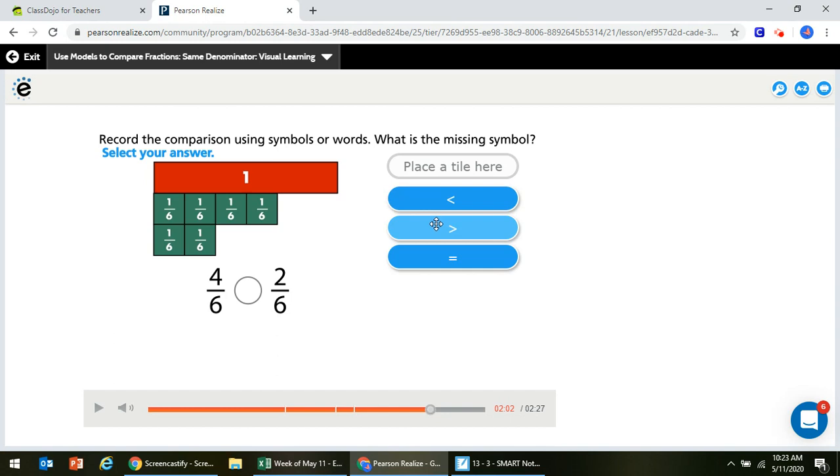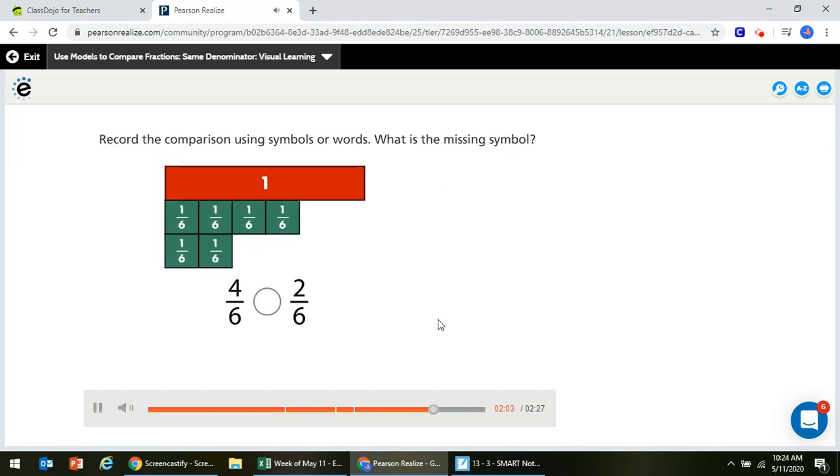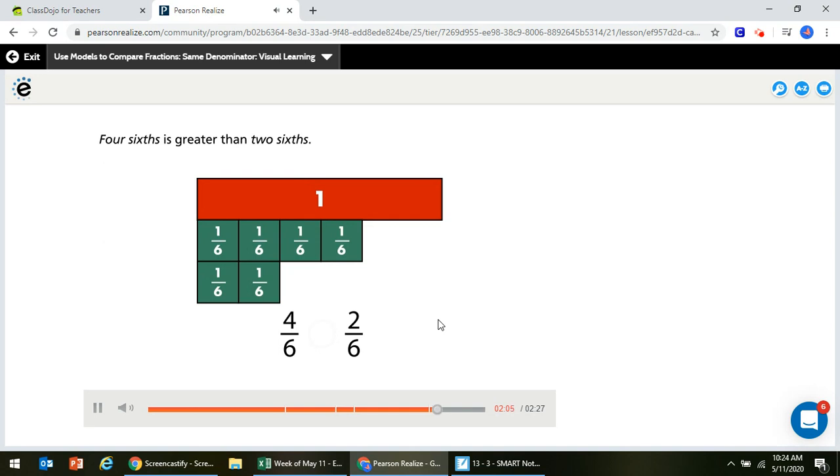And remember, I always say look for alligator mouths. It always wants to eat the larger fraction. So which one is larger? Well, I notice this is facing away. Is 2/6 the greater one? No. I need this one. 4/6 is greater than 2/6.